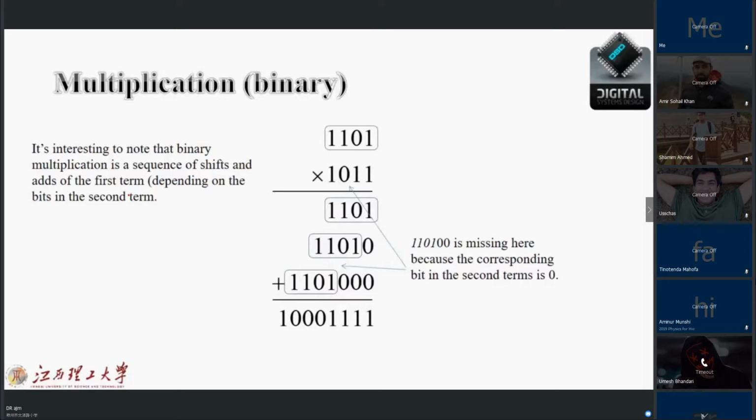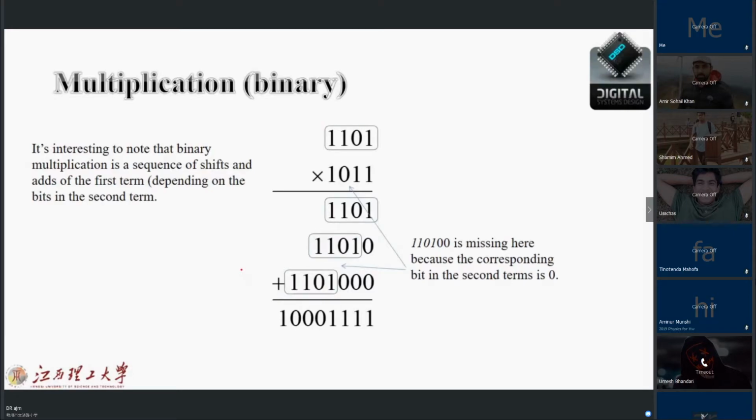It's interesting to note that the binary multiplication is the sequence of shift and adds of the first term, depending on the bits in the second term. Suppose I have 1101 and want to do the multiplication with 1011.